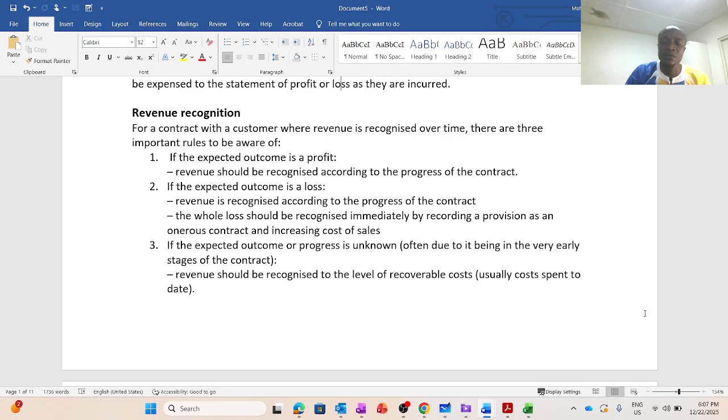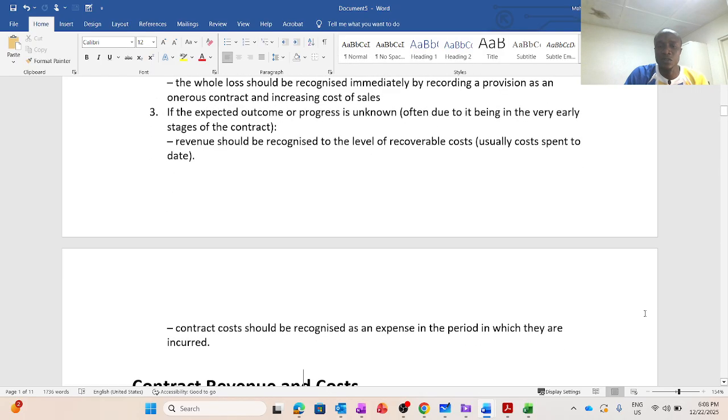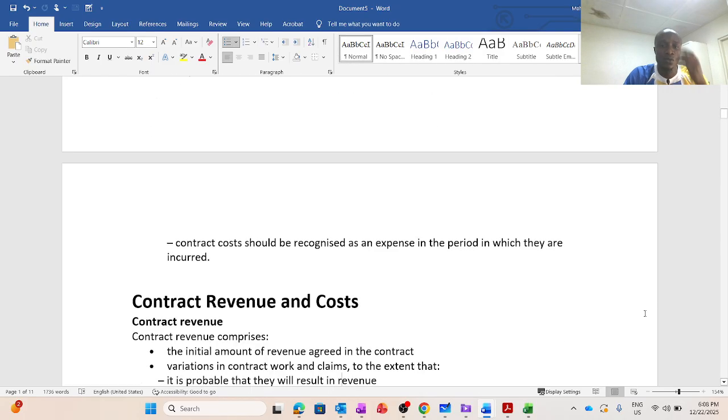So basically, these are the three key important areas that you need to know, because when we look at the further aspects, we are going to use this as a benchmark to extrapolate and explain in detail. So now, let's go further so we are able to understand.